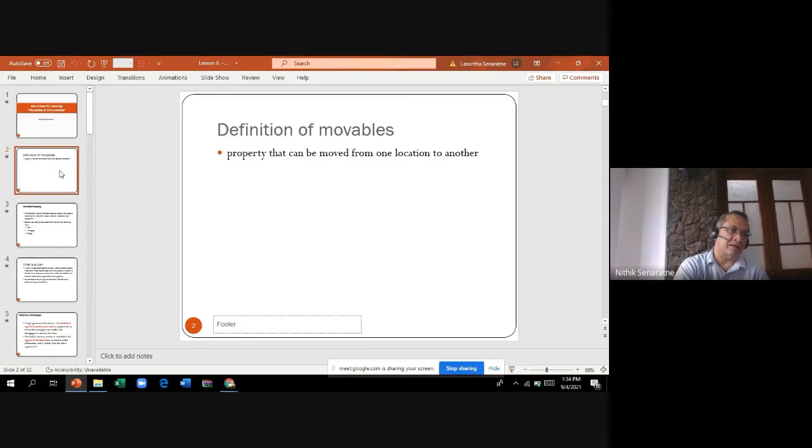There can be machines you can move, but there can be machines which are permanently fixed to the land as well. The machines which are permanently fixed to the land, you are not in a position to move. In such an instance, if you want to create a mortgage, you have to create the mortgage along with the property.